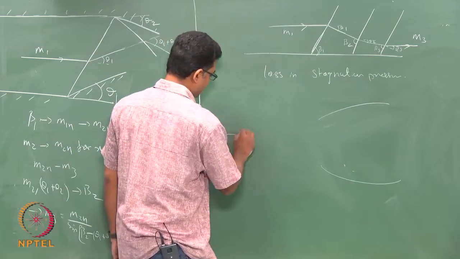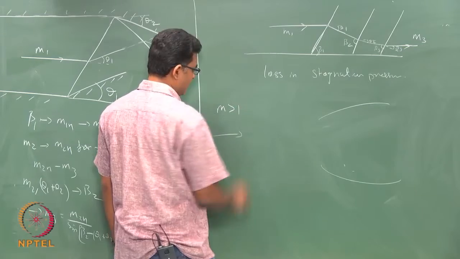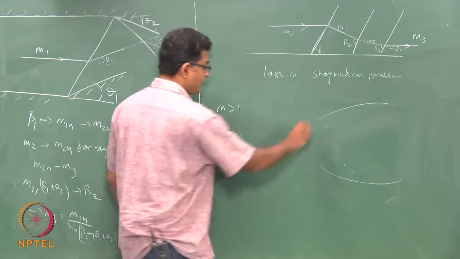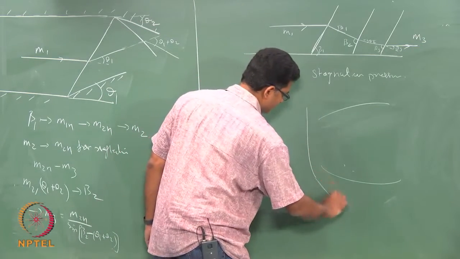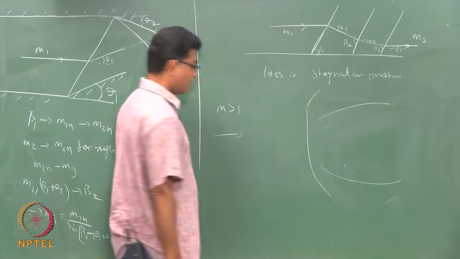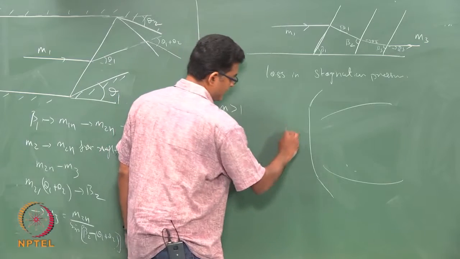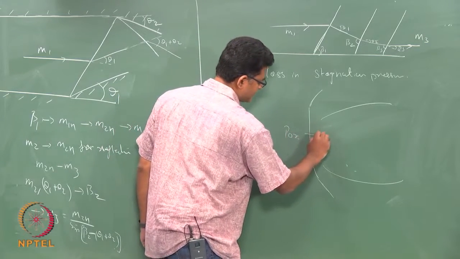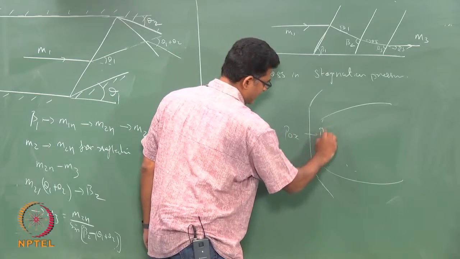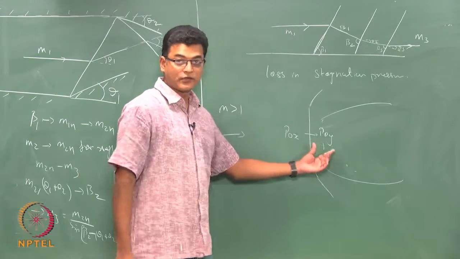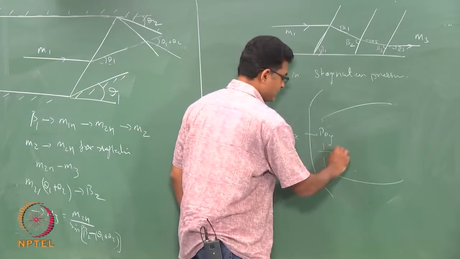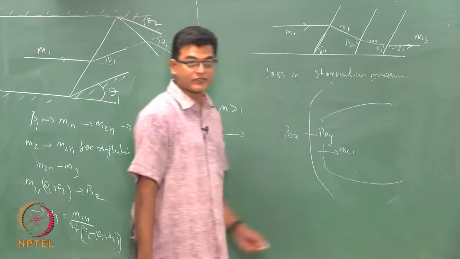So if my oncoming Mach number is greater than 1, there will be a strong shock sitting here. Okay, and this is one single shock. So this would be P0x, which is reduced to P0y, and this Mach number behind the shock would be subsonic, and you have a subsonic flow inside the diffuser.